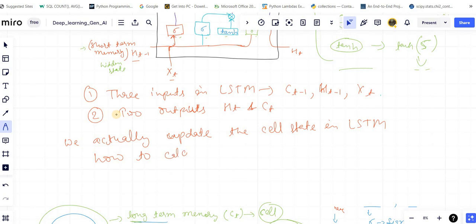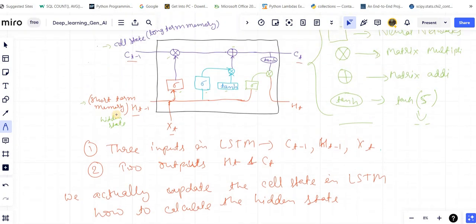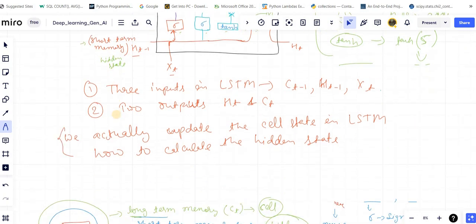Because this one we will calculate, and on the basis of that the cell state will get updated. So this is how the LSTM works. How exactly the mechanism works inside, I'll come to that.